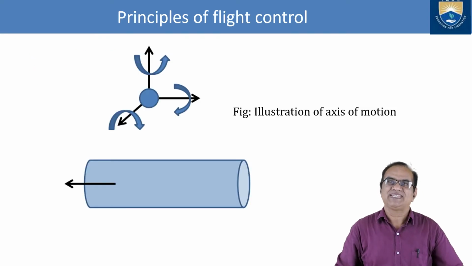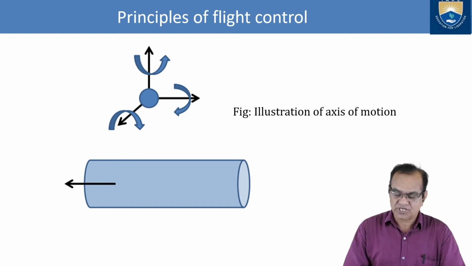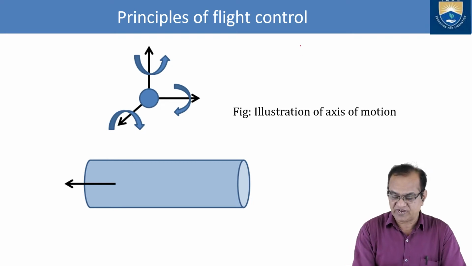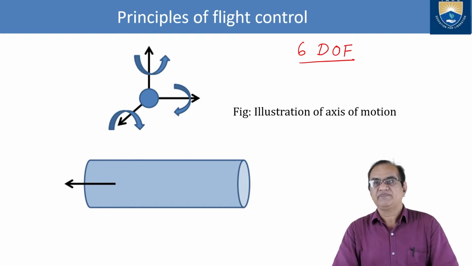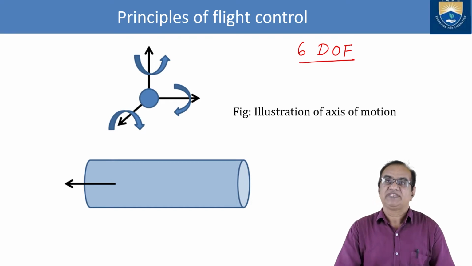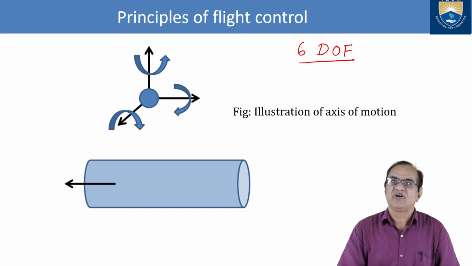Here we can see the principles of the flight control system. Just now I explained that to have any motion we need 6 degrees of freedom. We first have to understand this degree of freedom, and then we can say the aircraft has all 6 degrees of motion.